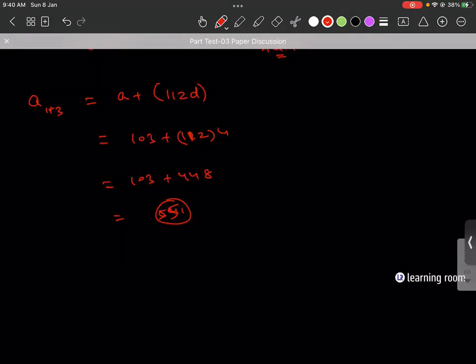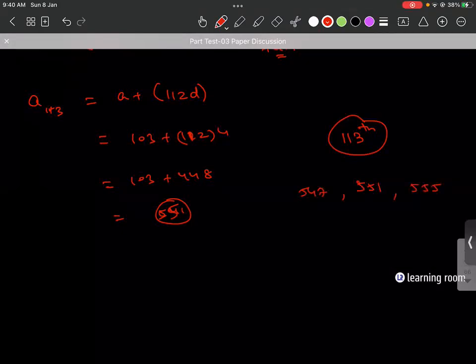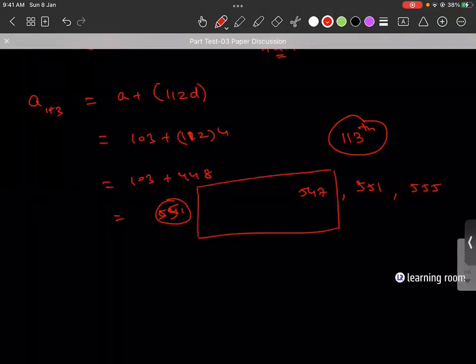So the 113th term is the middle term, that is 551. What would have been the number before that? 547. What would have been the number after that? 555. Right.